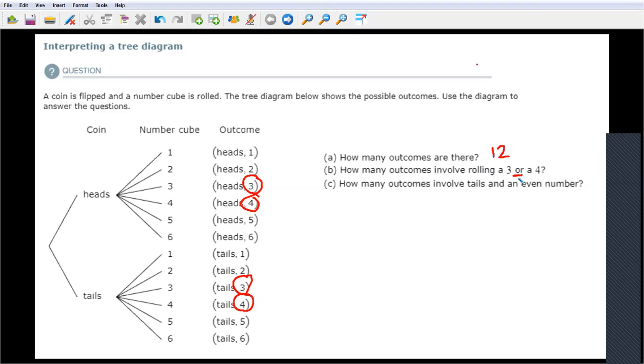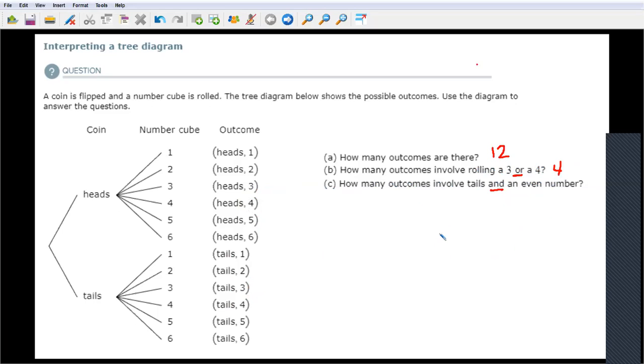There's going to be some problems that say "and" and some that say "or." If it says "or," it can be one or the other. It doesn't have to be both. Obviously, you can't roll a 3 and a 4 at the same time. So what we're looking at here is how many times 3 and 4 pop up on our roll. So you see that we have 4 3s and 4s.